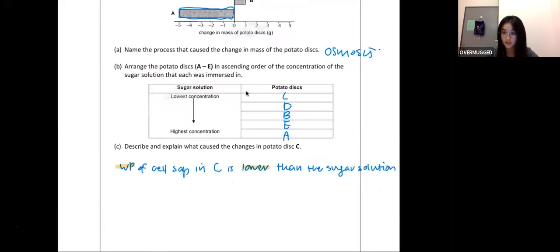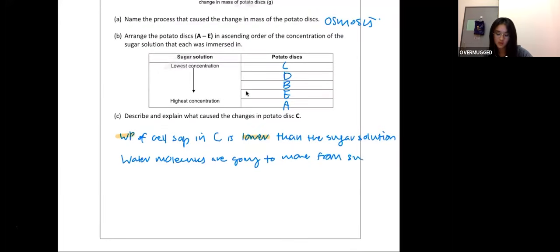So what's going to happen? Water molecules are going to move from where to where? Move from the sugar solution into the cell sap.